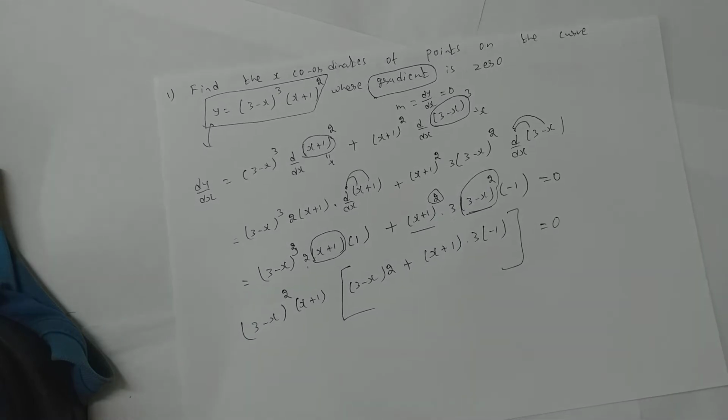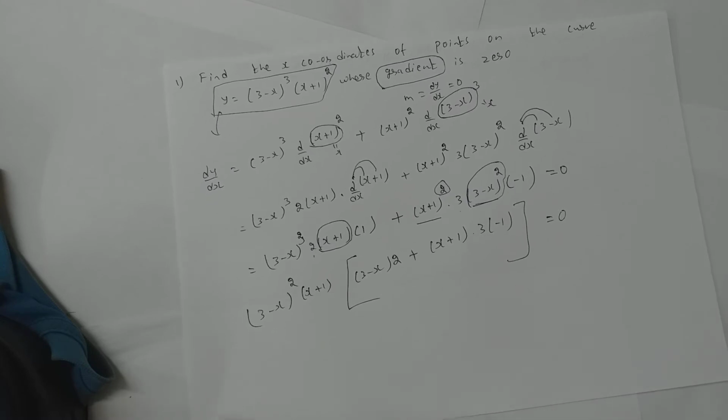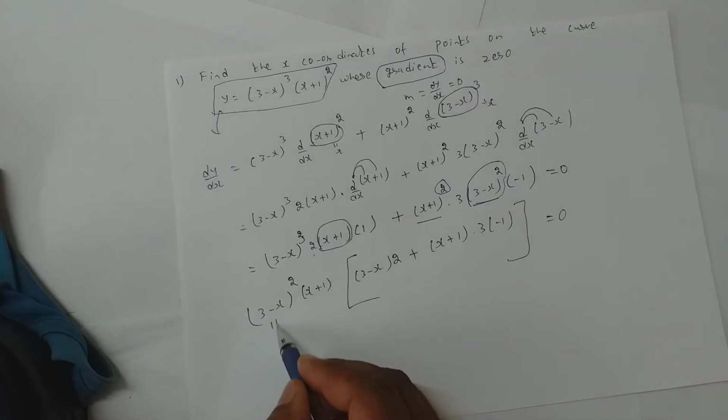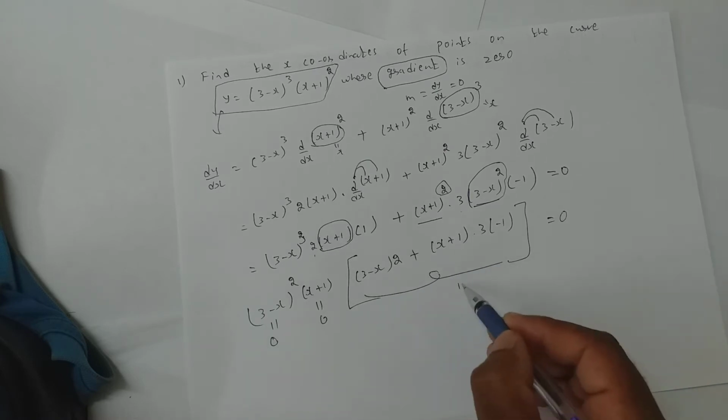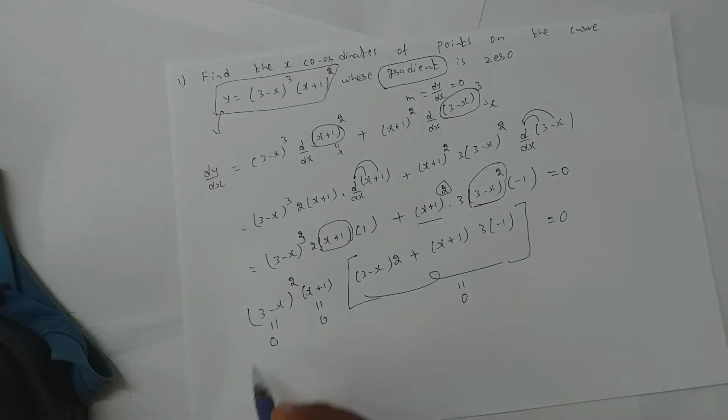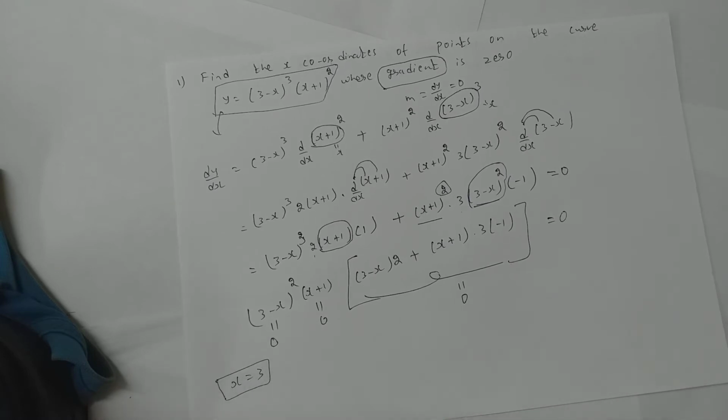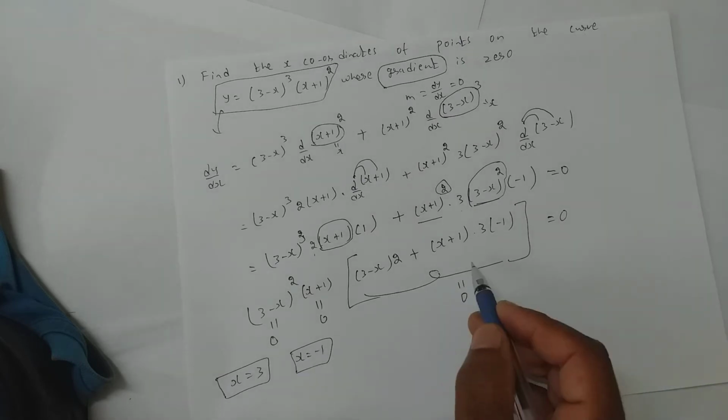equal to 0. For what value of x will this entire term be 0? It could be, this could be 0, or this could be 0, or this entire thing could be 0. So when this is 0, x value I get to be 3. So when x is 3, I get my gradient to be 0, or else when x is minus 1, my gradient is 0. Is it simple enough? When will this be 0?